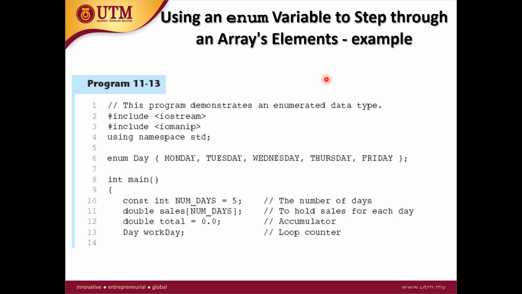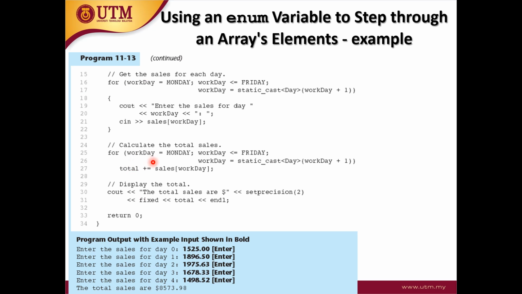So we can have this example: enum day with those values, and day of workday, and we've got the sales array whose size is going to be 5. We've got an enum variable whose name is workday, and its type is day, which we've already defined as an enum. Then for workday equals Monday, workday less than or equal to Friday, workday equals static cast day workday plus 1, as we discussed before.